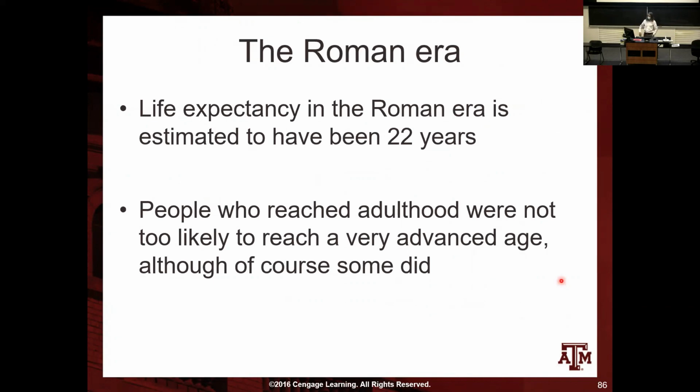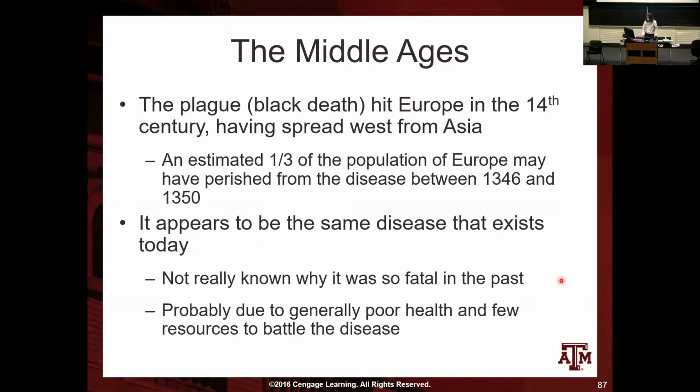Life expectancy in the Roman era was estimated to have been only 22 years. People who reached adulthood were not too likely to reach a very advanced age, although some people did, but that was not the common thing. The plague hit Europe in the 14th century, having spread west from Asia.